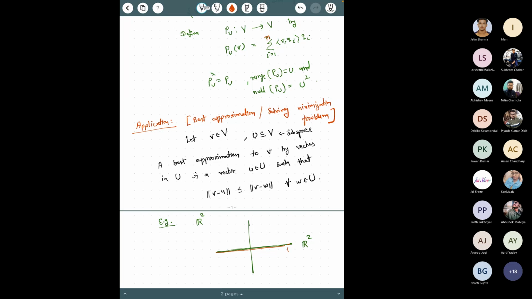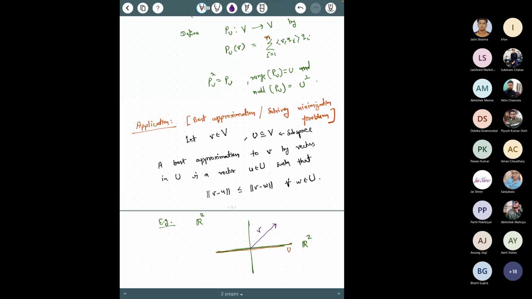All right. Now, if I take any vector in R2, let's say V. Can you tell me which vector in U would be closest to this vector V? Perpendicular, yes.